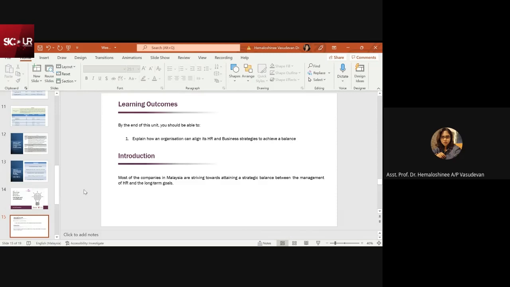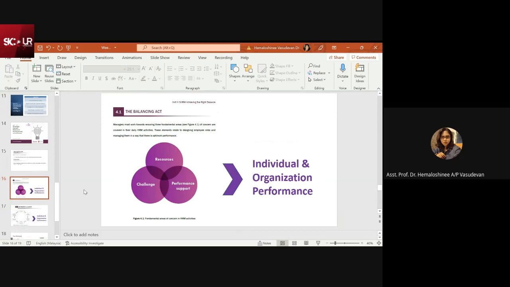So they should try to manage their business strategy plan with the HR strategy to ensure that they can go for the long term.